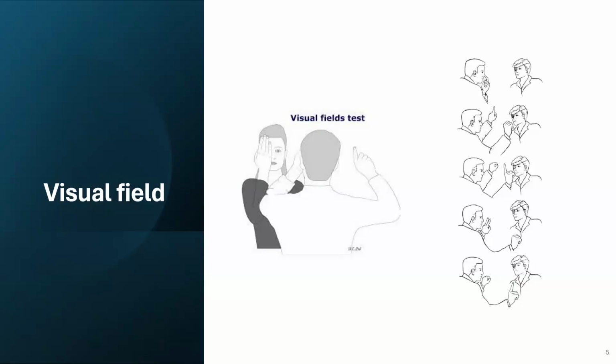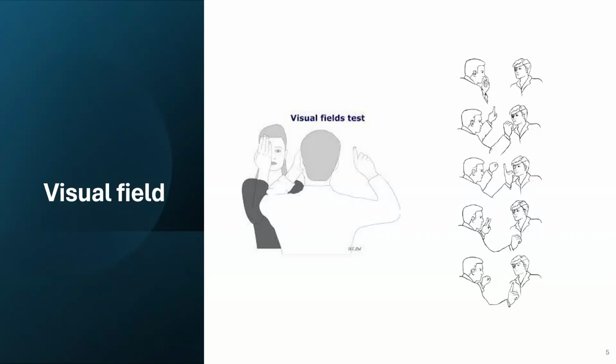So I would recommend doing a confrontation visual field for every patient you see, especially patients with 20/20 vision with unexplained visual complaint. How to do the confrontation visual field? Just sit 1 meter away from the patient and then put your hand midway between you and the patient. Ask the patient to look at your eye so that you can track and monitor their eye movements, and then test the central vision first, and then test the 4 quadrants using the finger counting method, as you can see in this picture.